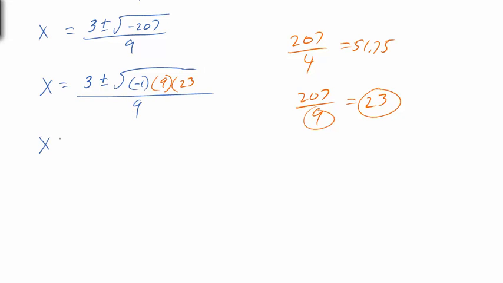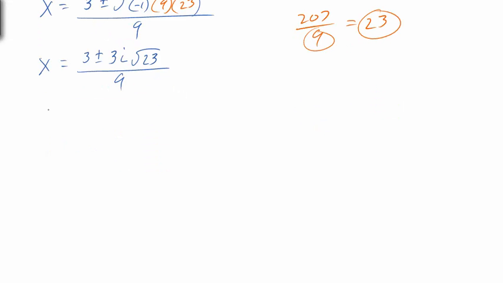So that means we can pull out the perfect square. So the square root of 9 comes out as a 3. The square root of -1 is i. And then you're left with the 23 underneath the square root. And of course, this is still divided by the 9. All right, then from here, we want to actually divide each one by 9.